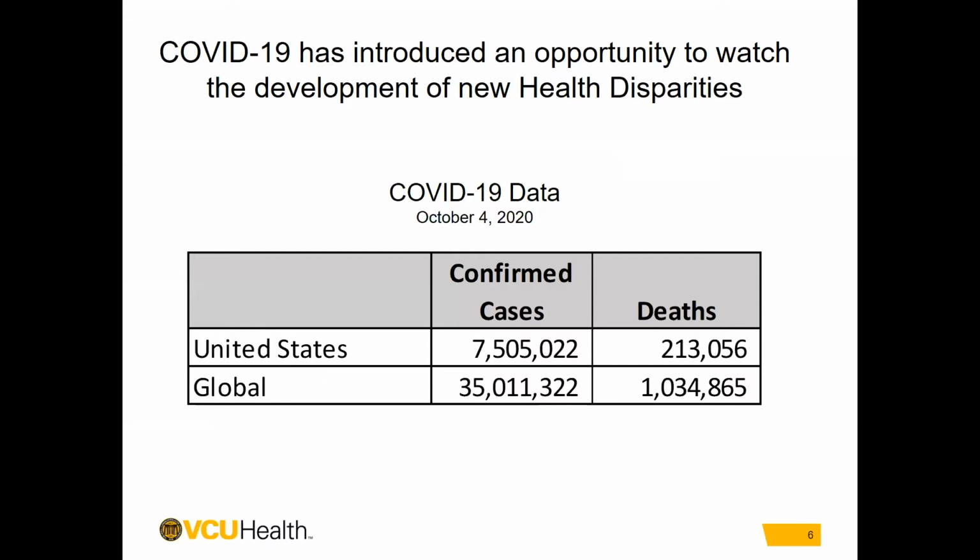In our country, over 7.5 million confirmed cases and over 200,000 deaths. These are staggering statistics and very, very concerning. But what we also know is that behind this data are some very, very disturbing stories and statistics.